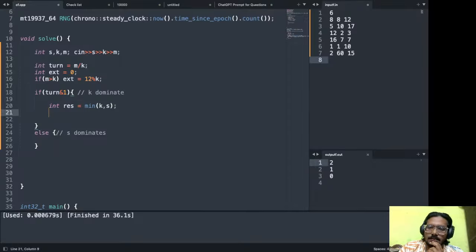Then reserve, okay. No, extra, we have extra. Then this minus extra.